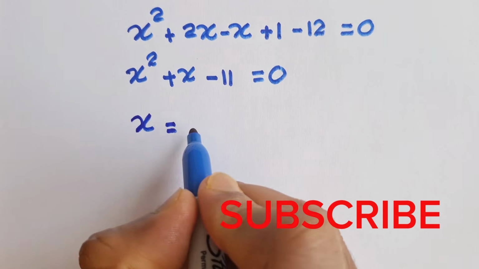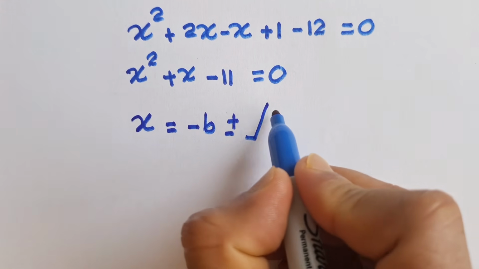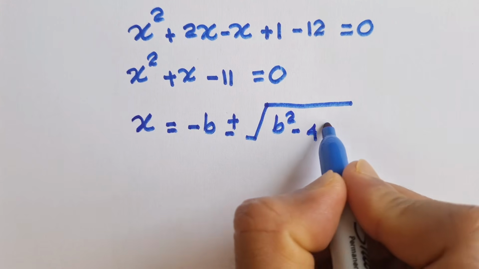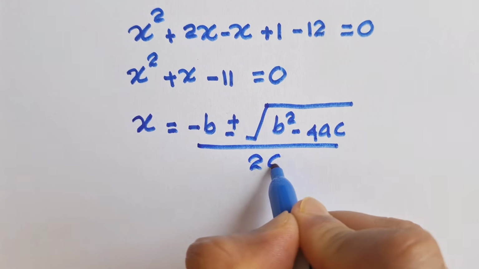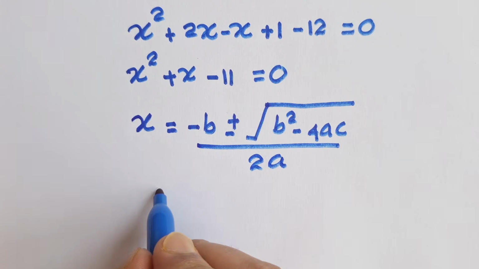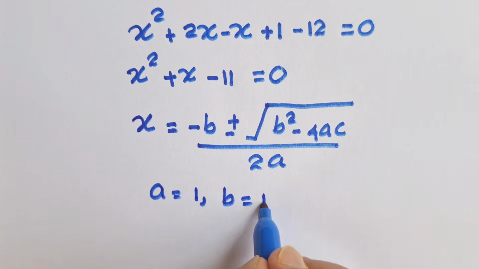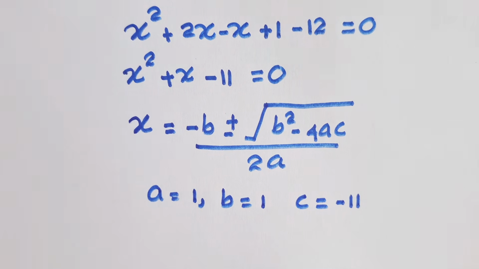I'm going to use the quadratic formula for that, which is x equal minus b plus or minus square root of b square minus 4 times a times c, divided by 2 times a. In our equation a equal 1, b equal 1, c equal to minus 11.